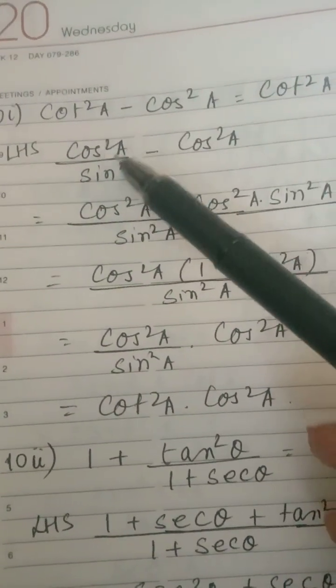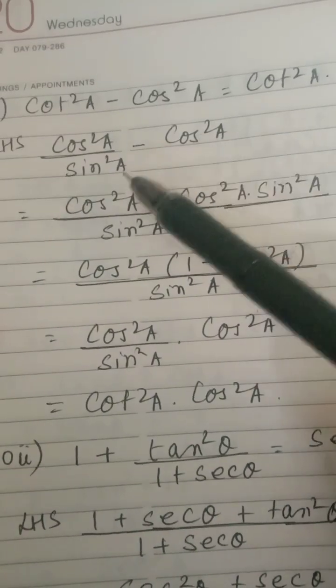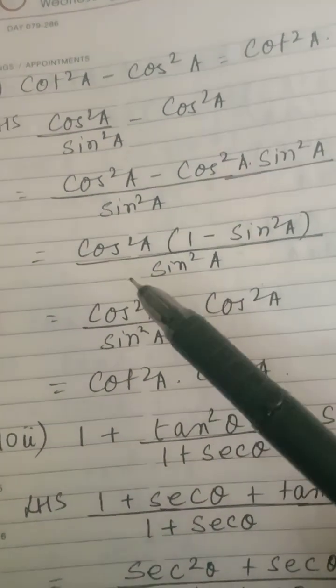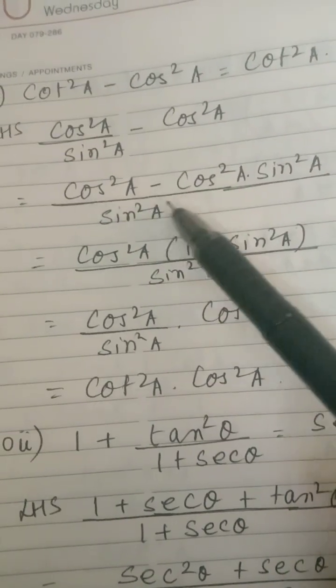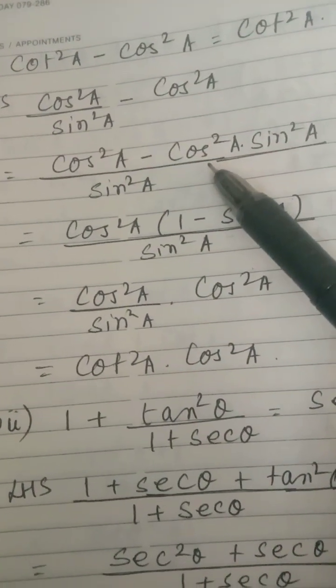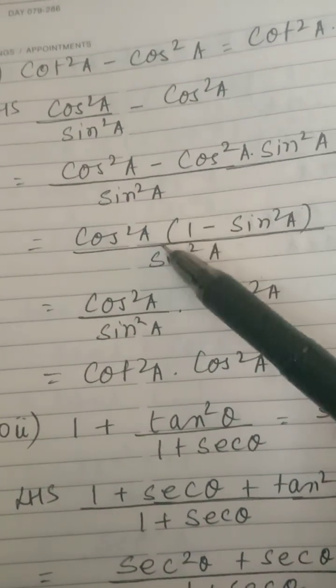Now cos square A will be as it is, minus cos square A into sine square A, equals... cos square A is common in both. So cos square A we have to take common, so cos square A into, give the bracket.